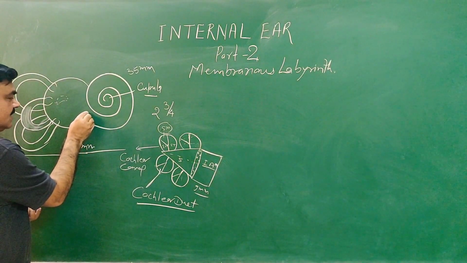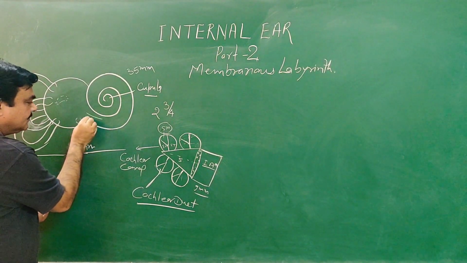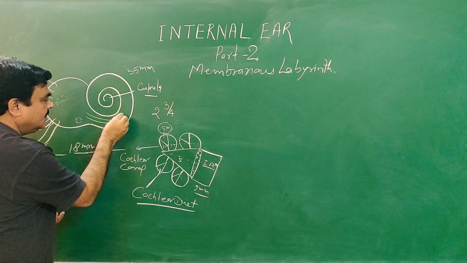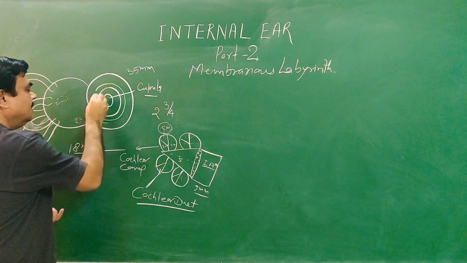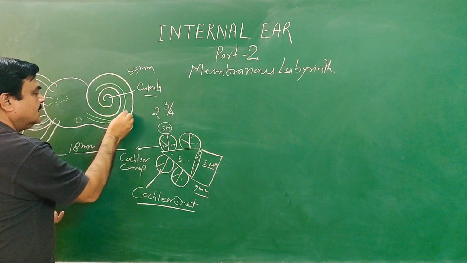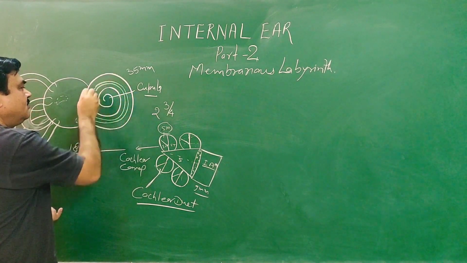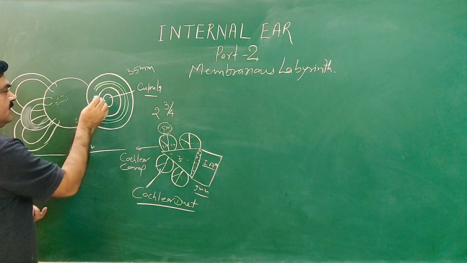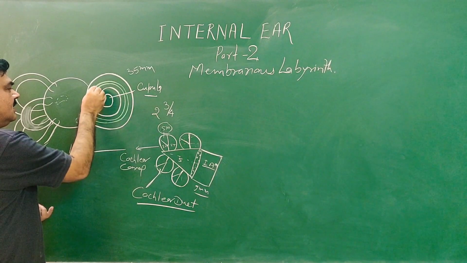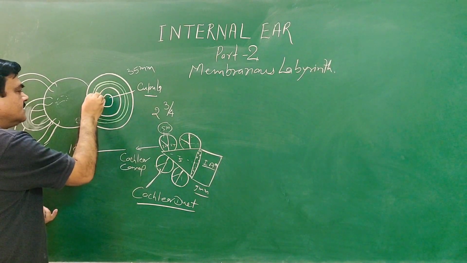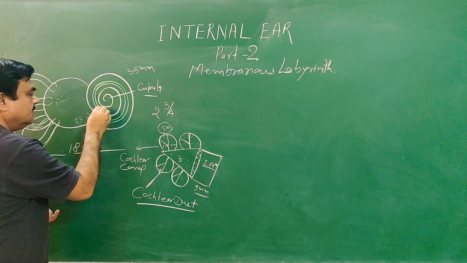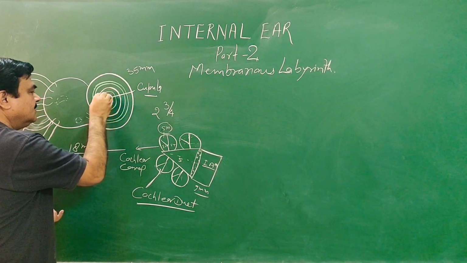So here the cochlear duct is formed. This is the cochlear duct. If you remove the bone covering from this side, you can see this duct easily. This is the cochlear duct.